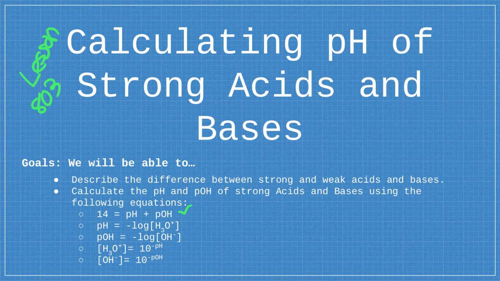The pOH is the negative log of the hydroxide ion concentration. To determine the hydronium ion concentration from pH, you use 10 to the negative pH, and to determine the hydroxide ion concentration from the pOH, you use 10 to the negative pOH.